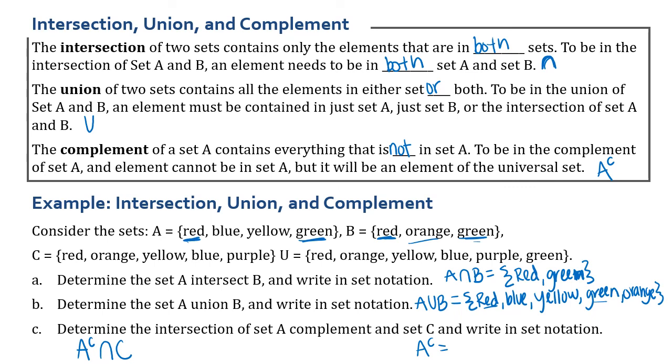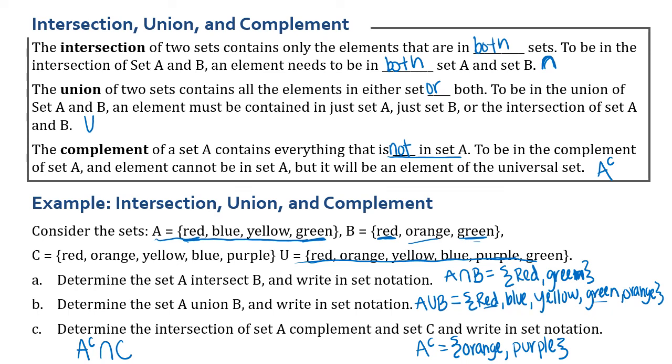A complement is all of the colors in the universal set that are not in set A. Red is in set A, so that doesn't count. Orange is not in set A, so that is an element of the complement. Yellow is in set A. Blue is in set A. Purple is not in set A, so that's in the complement of A. Again, the complement is the values that are not in set A. And green is in set A. So A complement is just orange and purple.